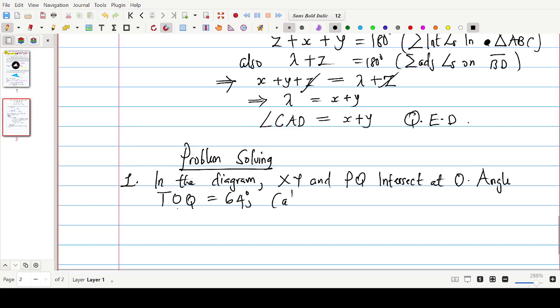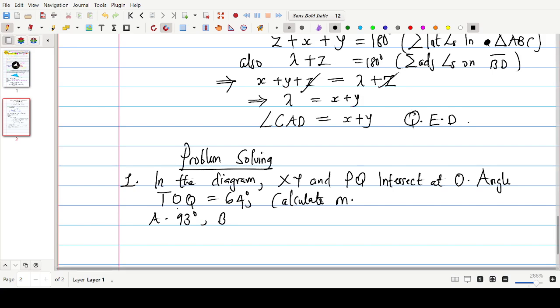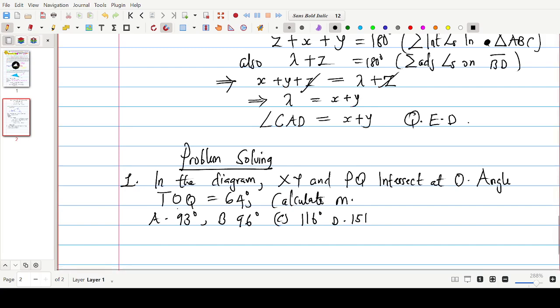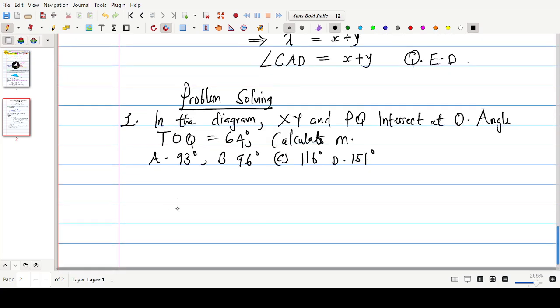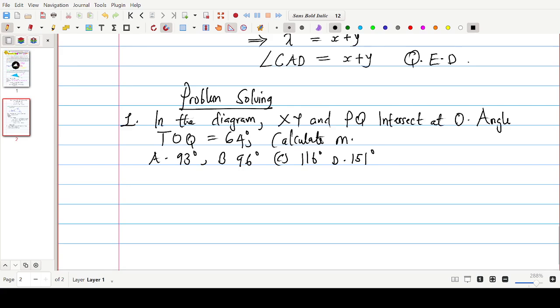You are required to calculate m. Can you see that? Now the options here are A, 93 degrees, B, 96 degrees, C, 116 degrees, then D, 151 degrees.